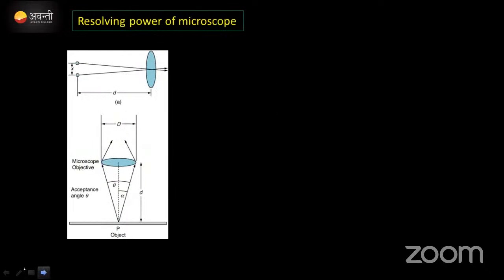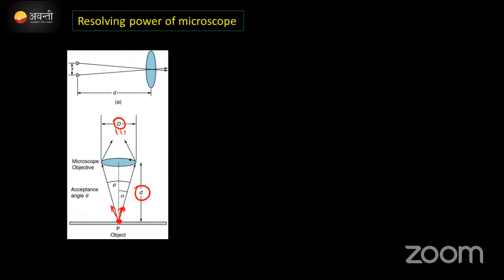Coming to the resolving power of a microscope, look here, this point is also there. The object is kept here, and we look from here. Here this distance d is there. Based on this distance, from this point light will be emerging in both directions, and we can analyze these rays which are diverging.